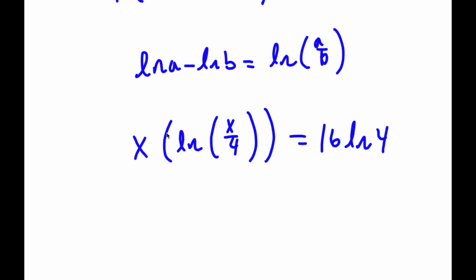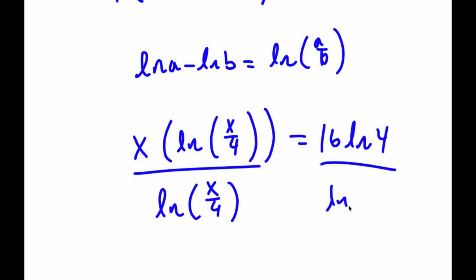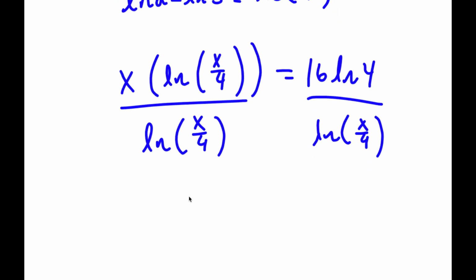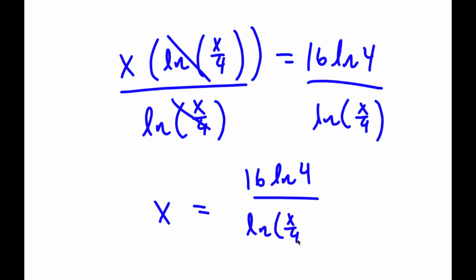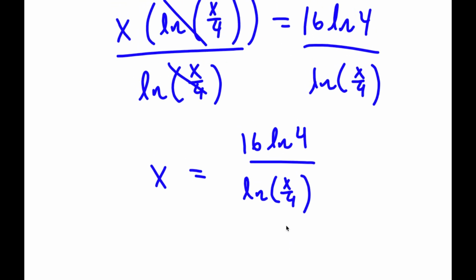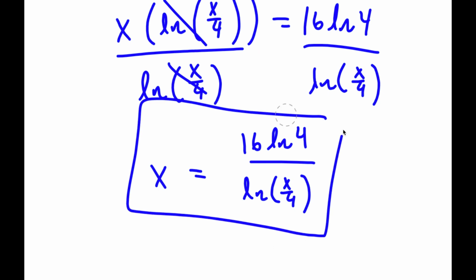Now, if I divide both sides by ln x over 4, these two cancel out. x is equal to 16 times ln 4 over ln of x over 4. So this is my answer.